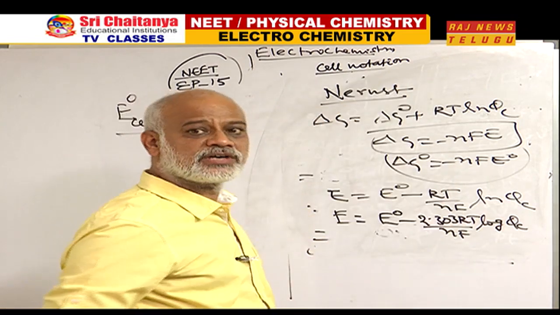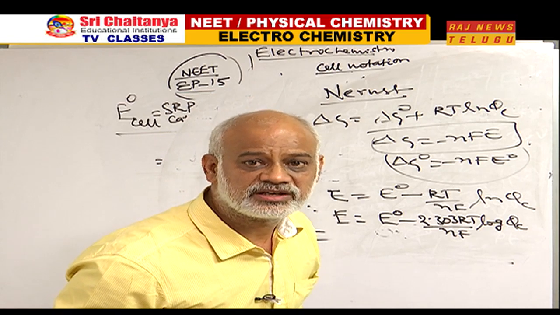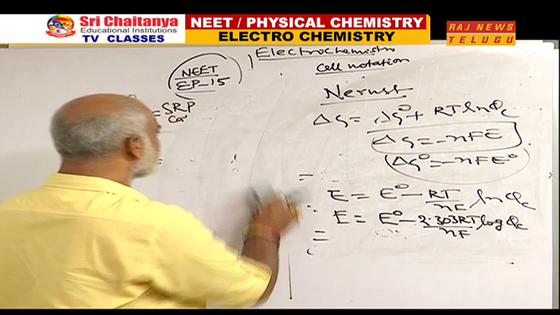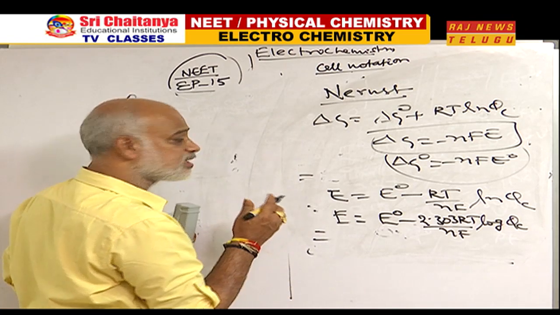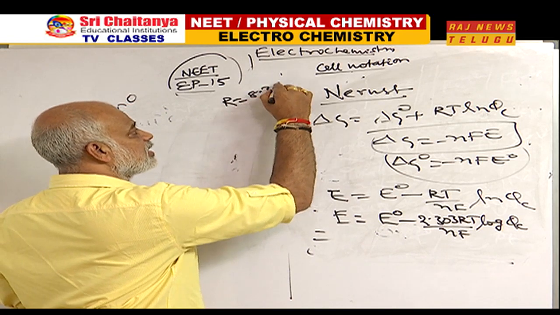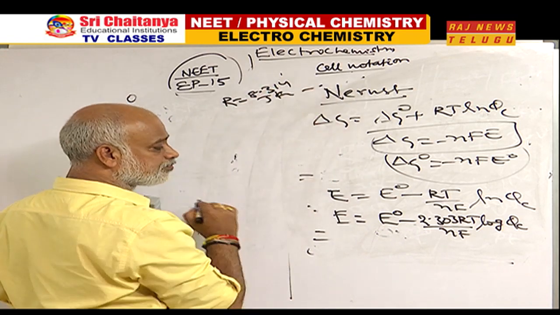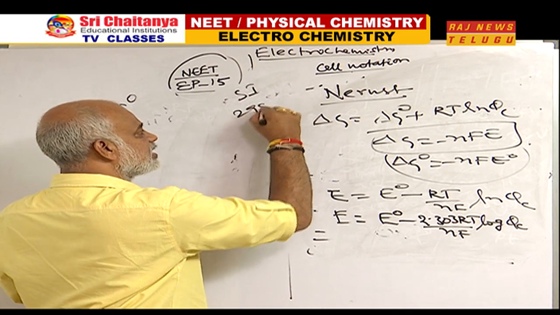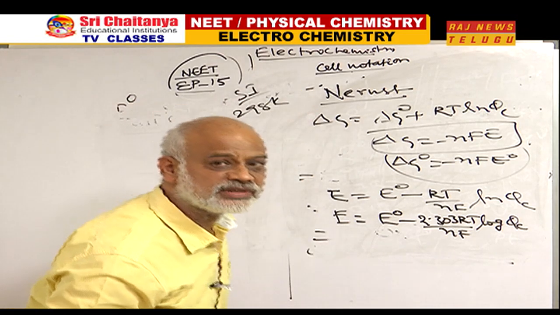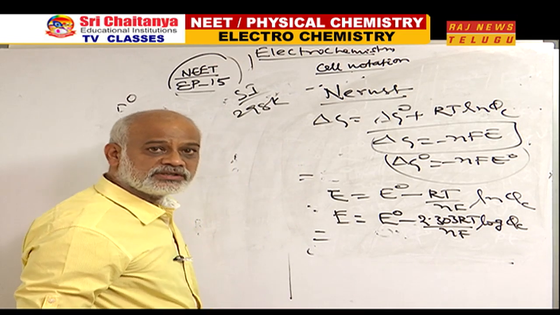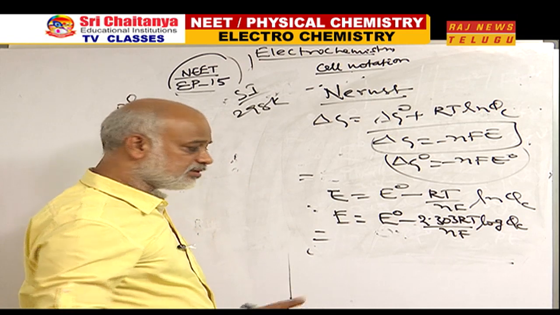All these are different forms of Nernst equation only. So I want the value. What is the value? If I take R in 8.314 joules per Kelvin per mole, all in SI units at 298 Kelvin, and F as 96,500 coulombs, then what do I get?